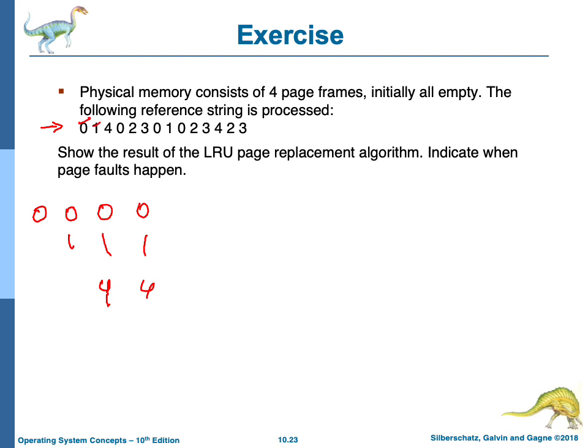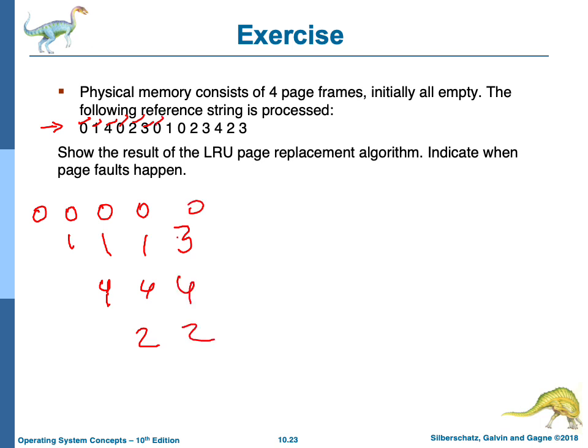So this is done, this is done, this is done. 0 is already in memory, and then for page 2. And then we reference page 3, but it's not in memory. So we're going to compare 2, 0, 4, and 1. So the furthest is 1. So I will replace 1 by 3.